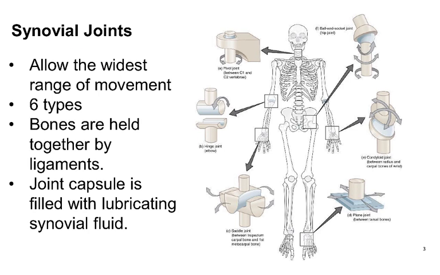Now, there are 6 different types of synovial joints. For this course, you do not need to know the differences between these. You'll learn that when you get to AP1. Just remember, synovial joints allow the widest range of movement.